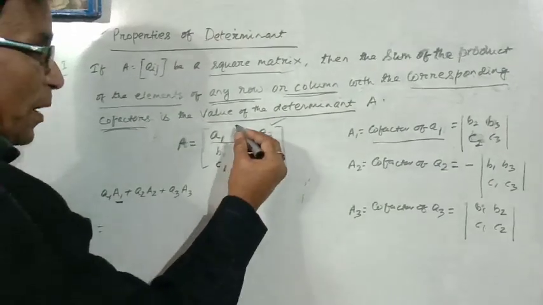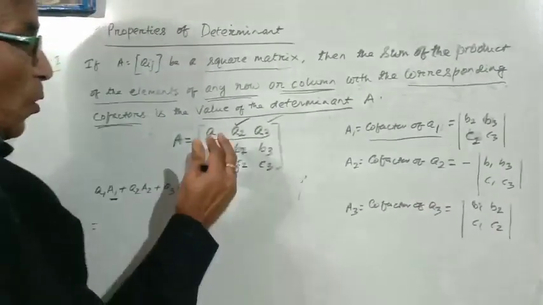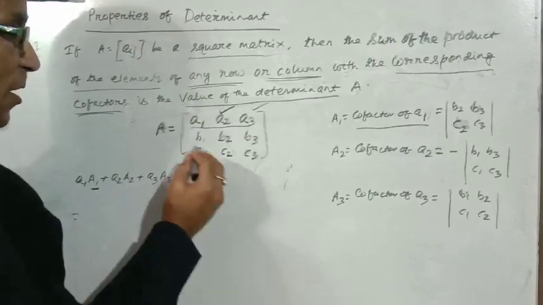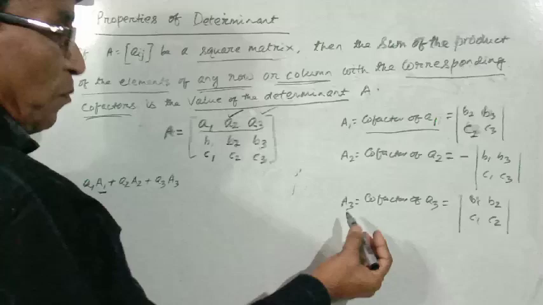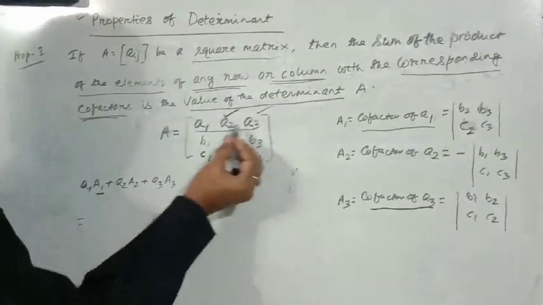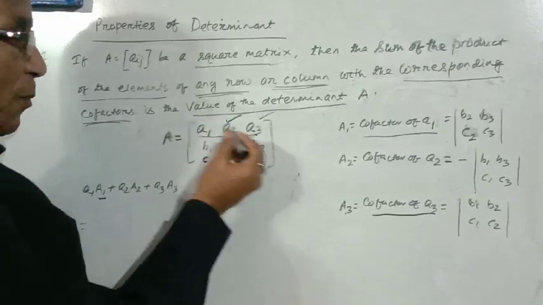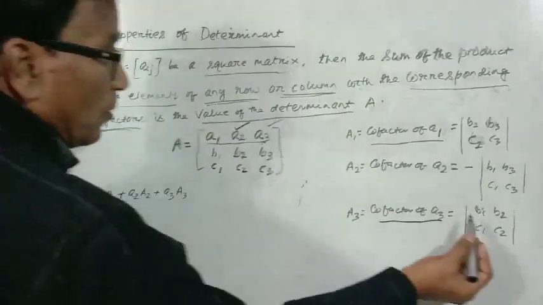And what is the cofactor of a2? It is minus, omitting the first row and second column, we get b1, b3, c1, c3. Plus, a3, that is the cofactor of small a3. Omitting the first row and third column, we get the determinant of b1, b2, c1, c2.